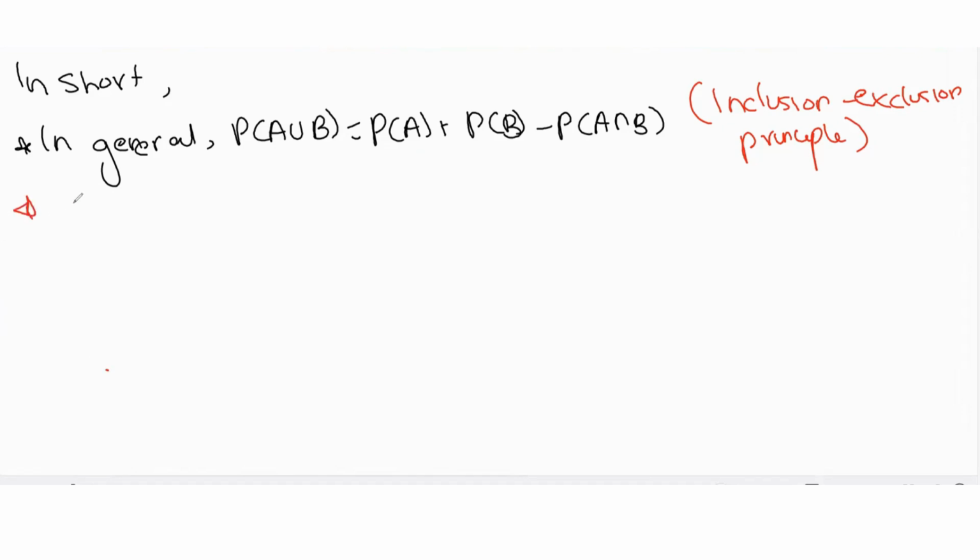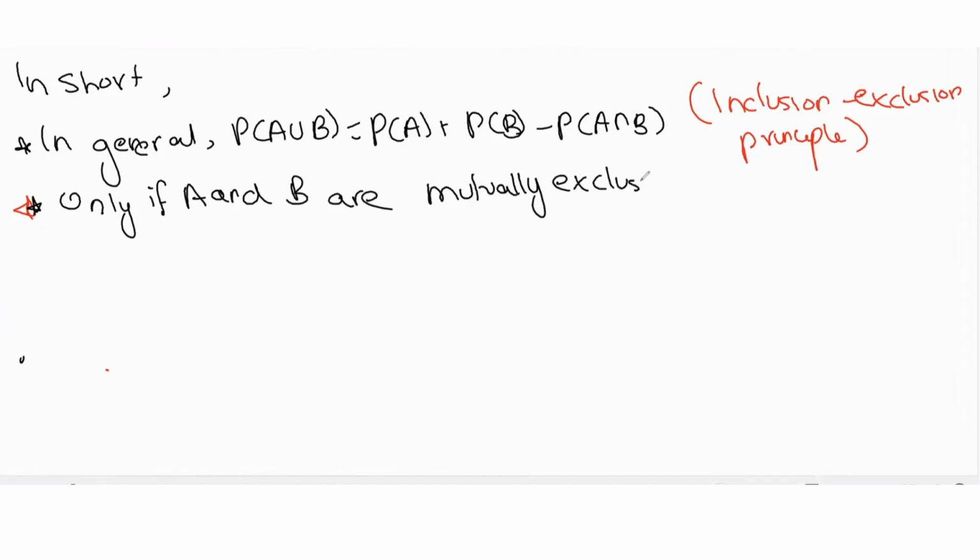The special case is only if A and B are mutually exclusive events, which means the intersection is the null set.